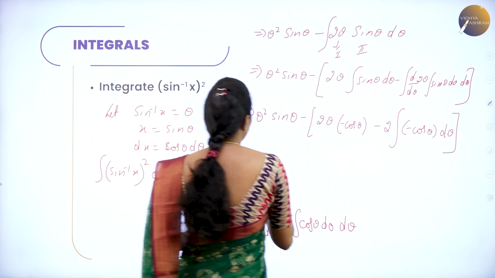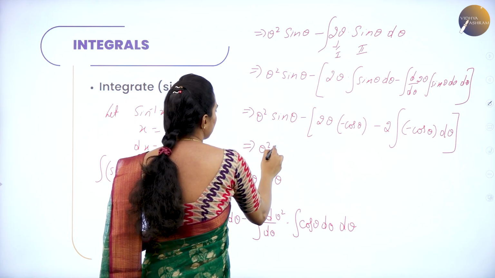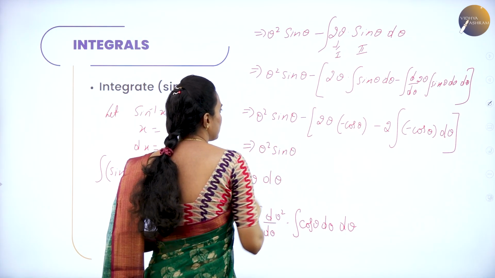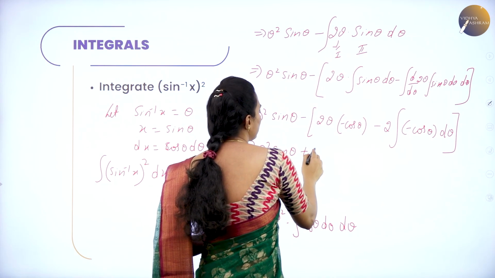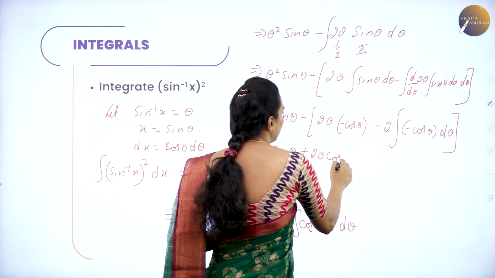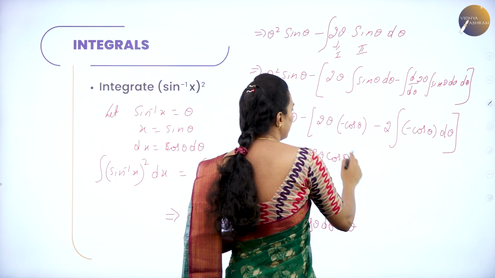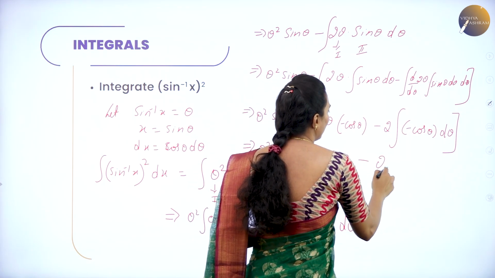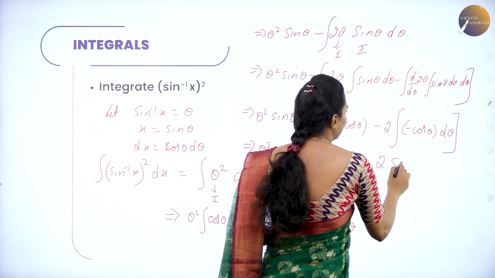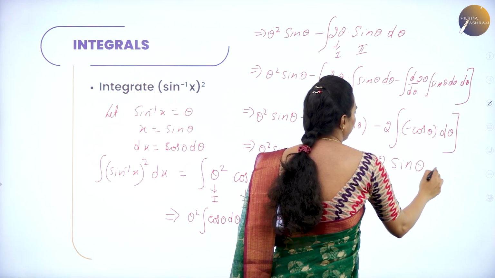Again you can multiply this one, which implies theta squared into sin theta. So minus into minus will become plus 2 theta into cos theta, minus into minus is plus, plus into minus is minus 2 integral of cos theta is nothing but sin theta plus c.